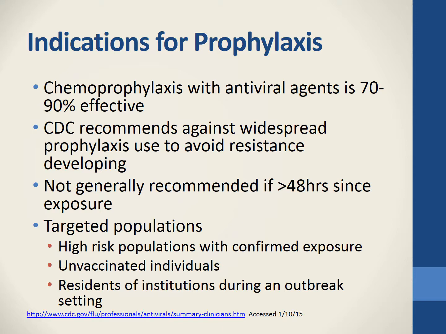So high-risk populations, again, those with underlying lung disease, immunocompromised patients, elderly frail patients, those with confirmed exposure, patients who are unvaccinated, and as part of the prophylaxis evaluation, we should be vaccinating those patients at that time as well, or residents of institutions during an outbreak setting. So places like nursing homes, for example, if there's an outbreak within that cohort of nursing home patients, it's probably advisable to prophylax those just because you're in close quarters.